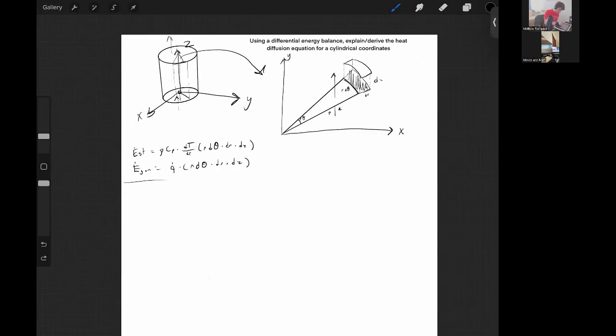So, I'm going to go ahead and just separate this. I'm going to look at net heat flow.